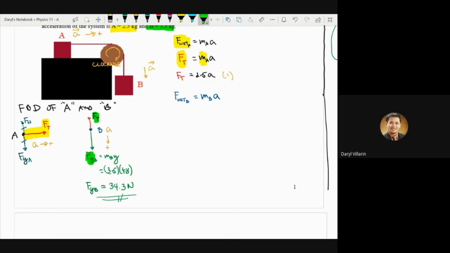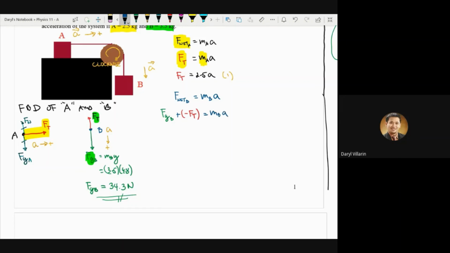Again, I set my downward as my positive value, so that should be Fgb plus the negative of the magnitude of Ft. Okay, so that gives me MBA.